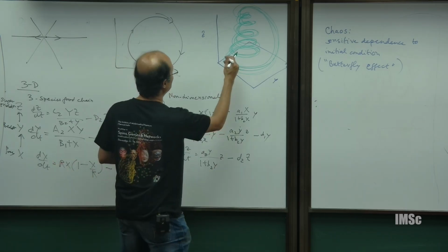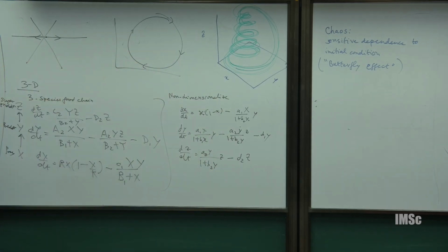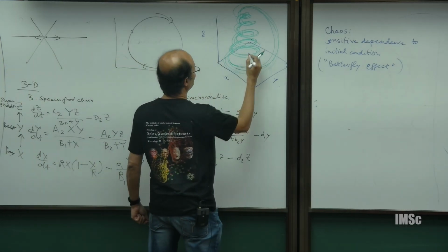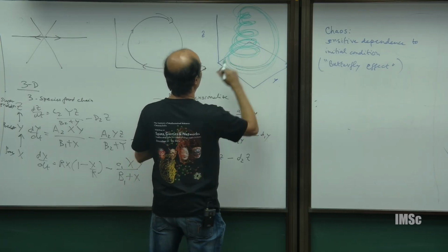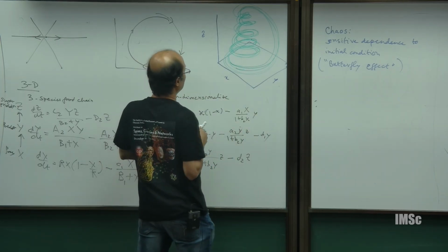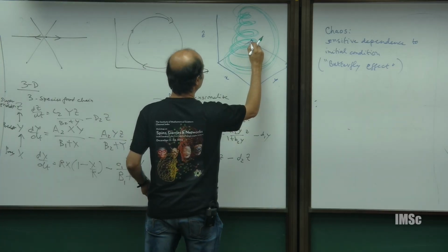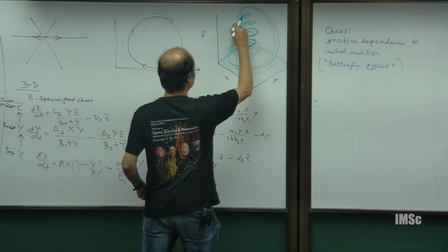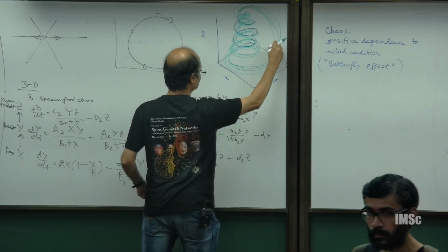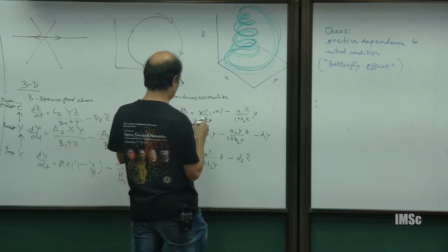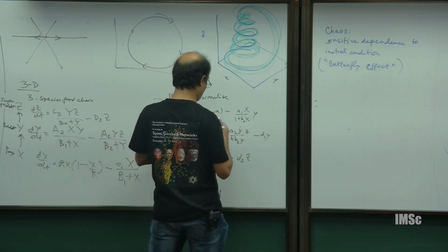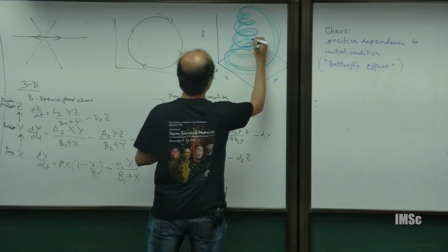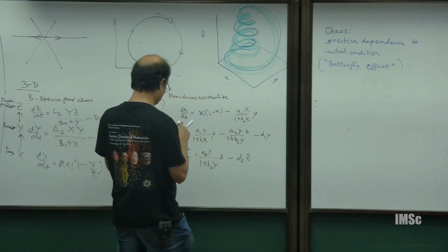What this means in terms of this is that, suppose you start from here and you get a trajectory which looks like this. Then you take another trajectory which starts from a very close by point.